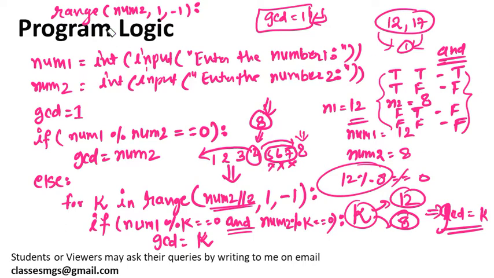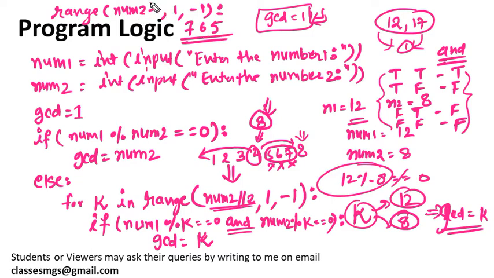I will write it like this: number 2 minus 1 to 1, with each step -1. You know that 7 will not divide, 6 will not divide, 5 will not divide, and up to half of number 2 nothing will ever divide this number completely.